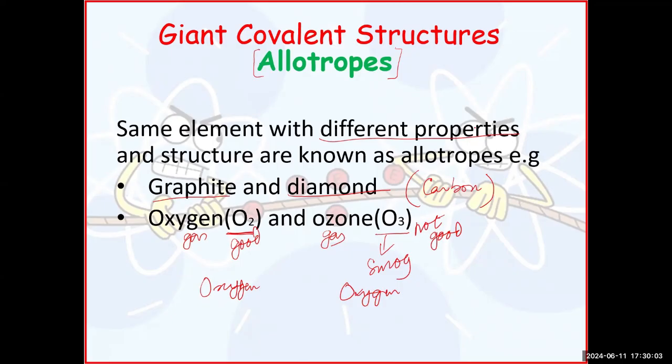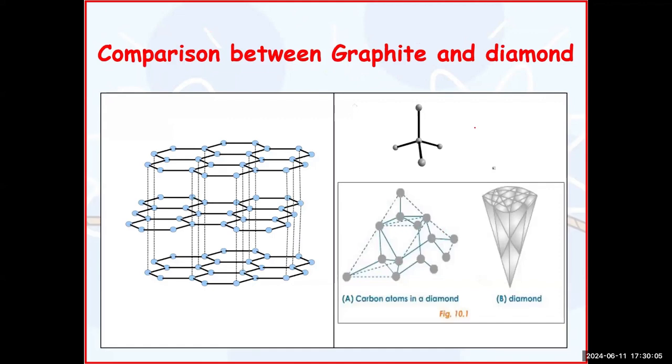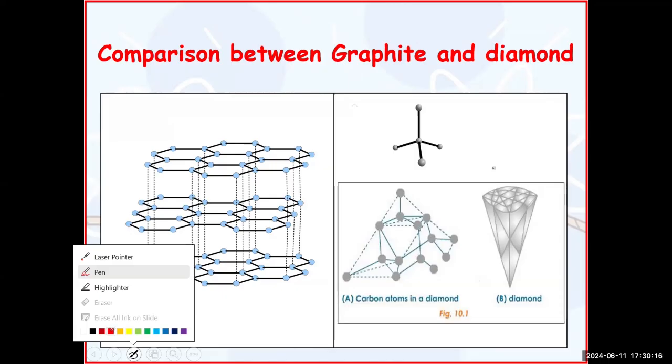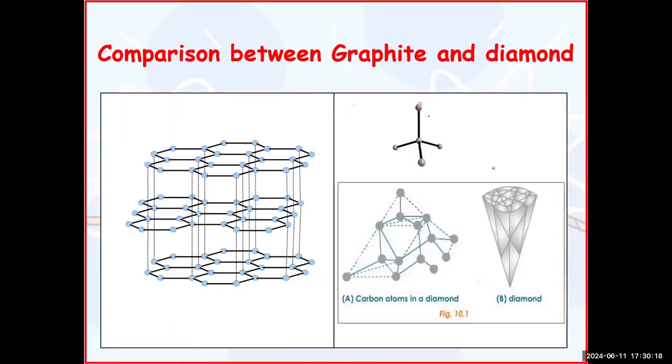Similarly, diamond and graphite are two forms of carbon. Carbon is one element. Both are made up of the same element, but due to having a different structure, it's all made up of carbon. No other element is there. So it's a structure of an element.